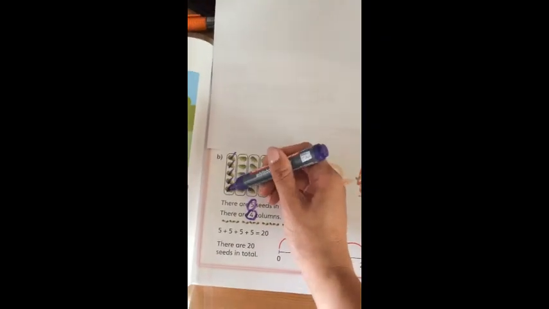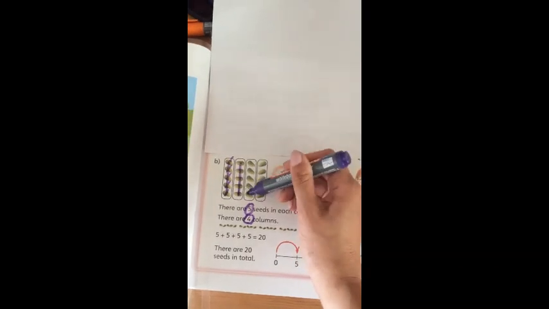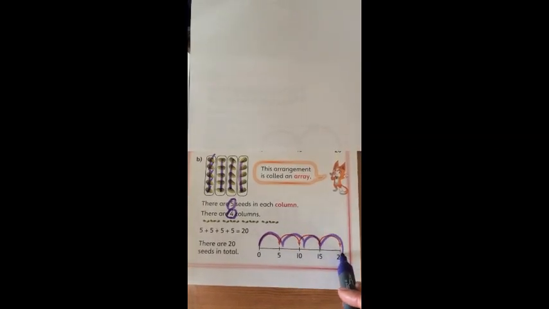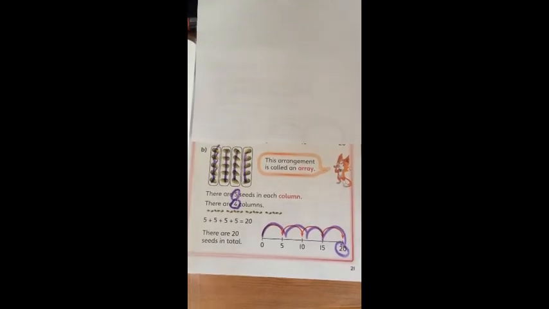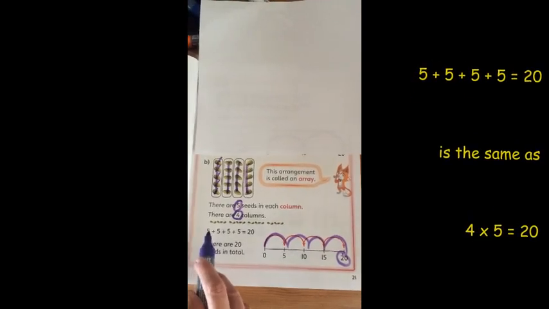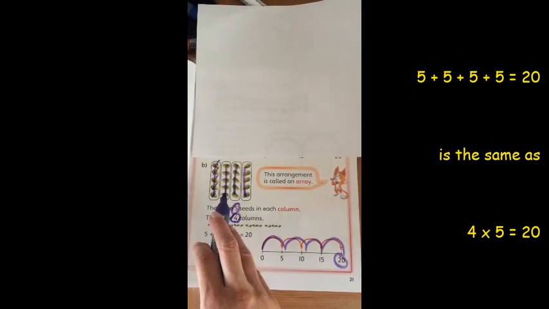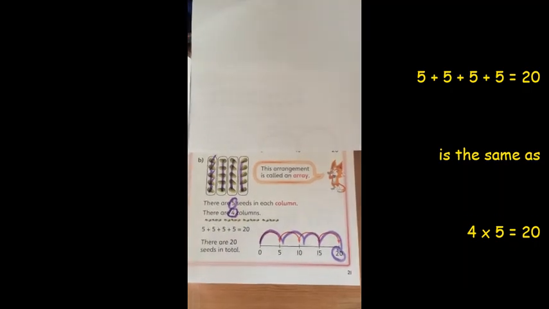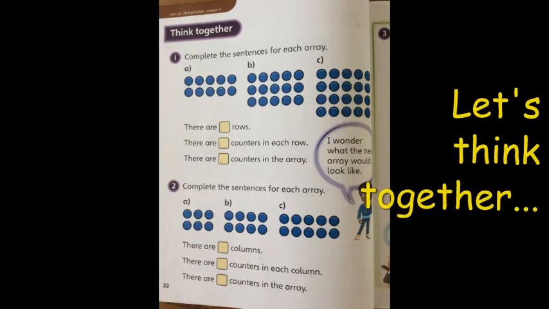We've got 1 group, 2 groups, 3 groups, 4 groups. So let's have a look. 1, 2, 3, 4. Where do we land? 20. So 5 add 5 add 5 add 5 gives us 20.